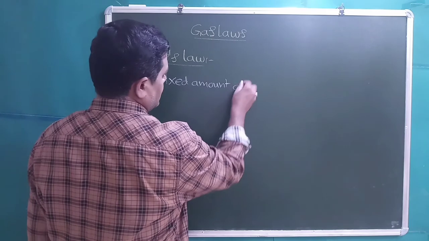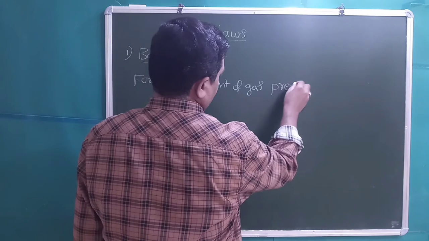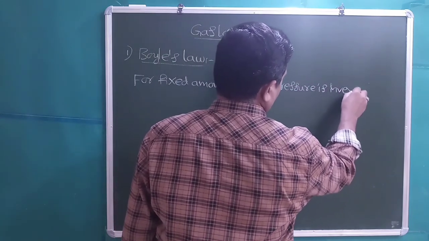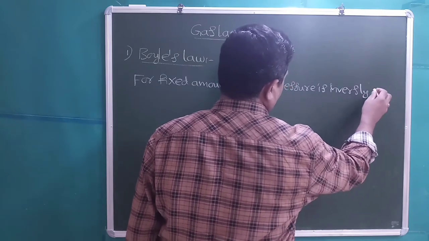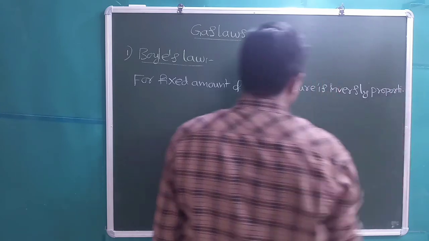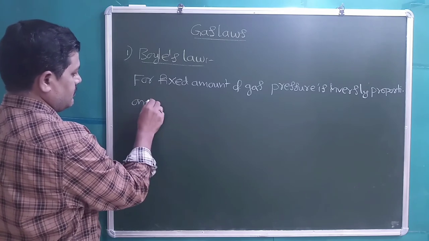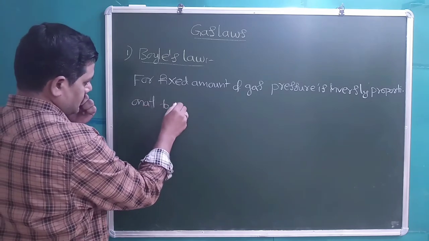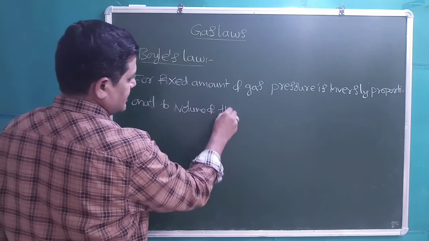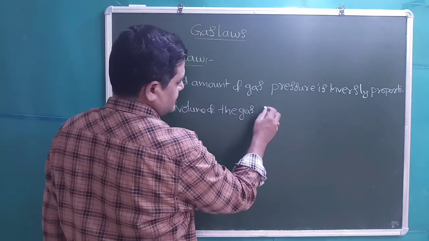For fixed amount of gas, pressure is inversely proportional to volume of the gas at constant temperature.